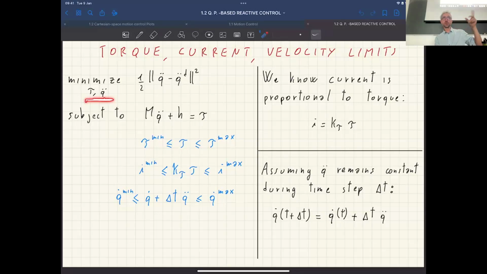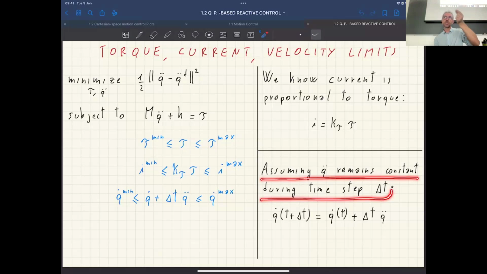However, the trick that we use for the velocity constraints is to express the next velocity as a function of the acceleration. So assuming q double dot, the acceleration, remains constant during the time step, which is a very reasonable assumption because the time step is typically very small. The acceleration is not going to change much in 1 millisecond.